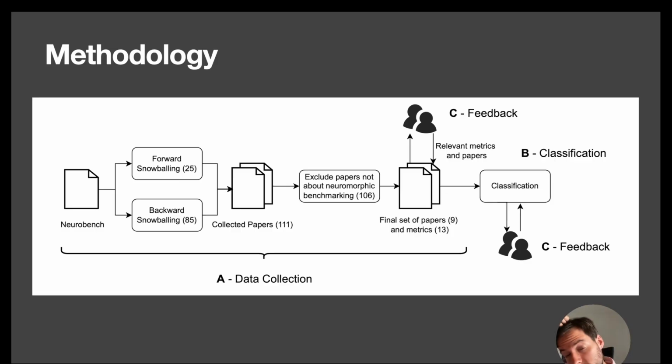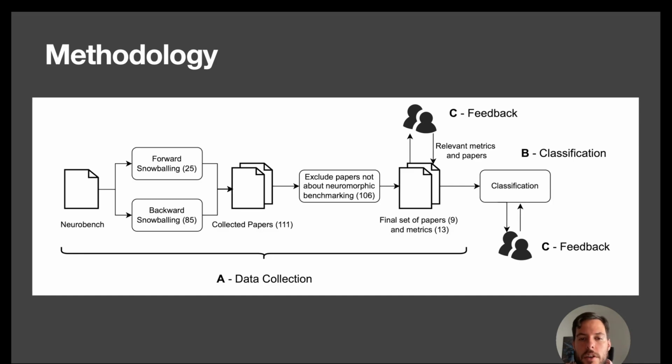This paper is one of the first attempts at standardizing all of the existing metrics and methods to measure efficiency of spiking neural networks. And from this paper, we do forward and backward snowballing to collect papers that could be related to metrics and defining metrics, or evaluating metrics.